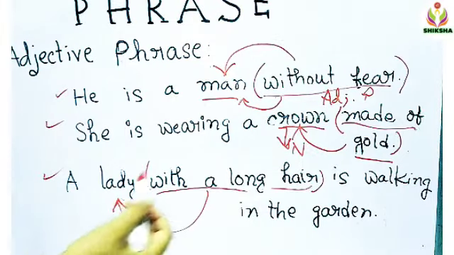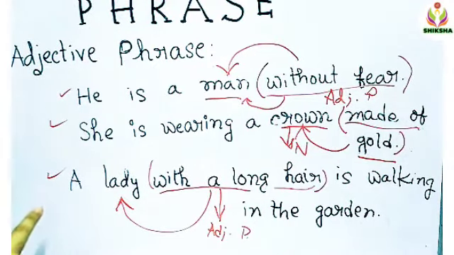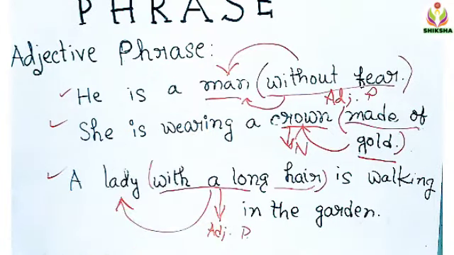A lady with a long hair. So this is also an example of an adjective phrase. An adjective phrase must be placed close to the nouns they describe. Otherwise, the sentences may look absurd.